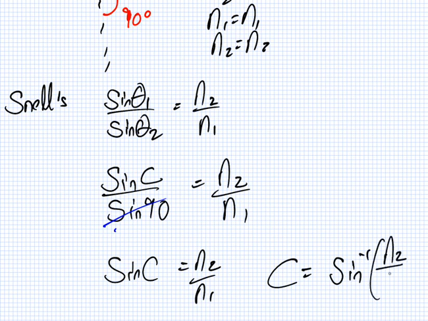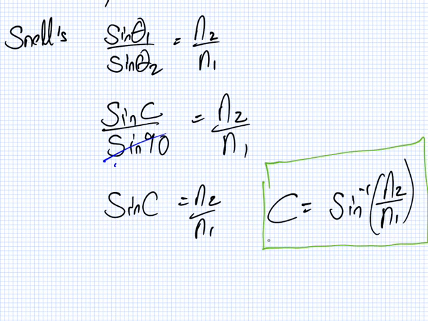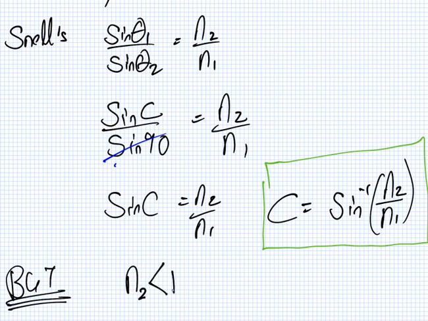So now we're going to have a look at our first formula for this lesson. It's called Snell's law. And Snell's law is for refraction. And it's a way to calculate the angles. And the formula is this. Yeah, we can say i and r or theta 1, theta 2.